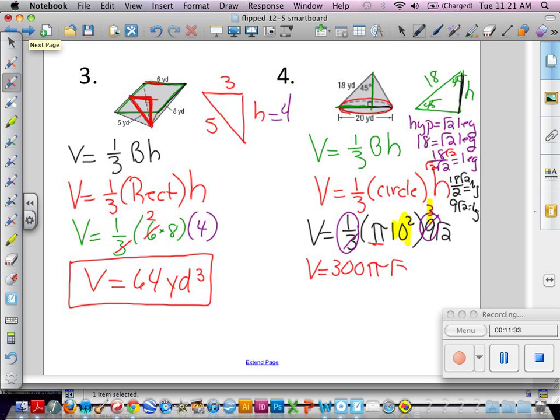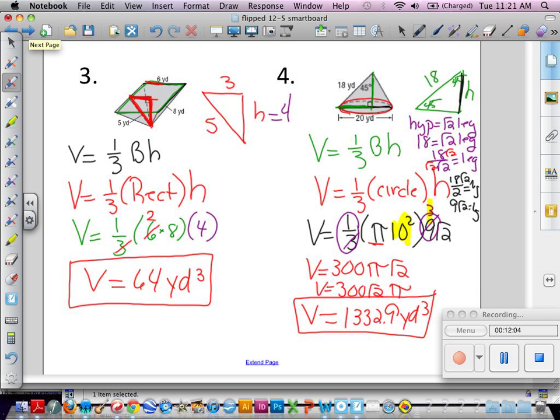So if they ask me for an exact answer, this is what I would write down. I probably should write my radical, 300 root 2 pi. In your book, they say that you can write a decimal down, so you can go ahead and type that into your calculator, punch that in. You get 1,332.9 yards cubed.